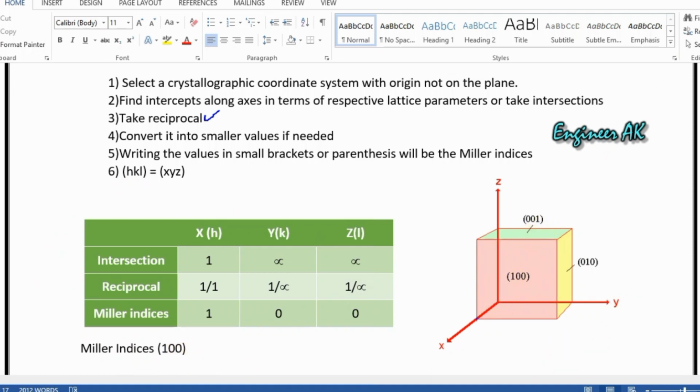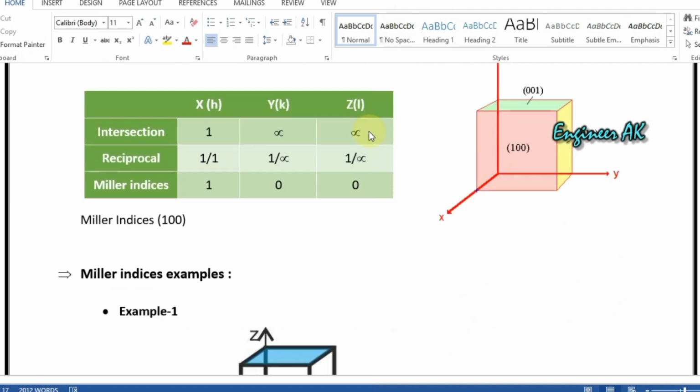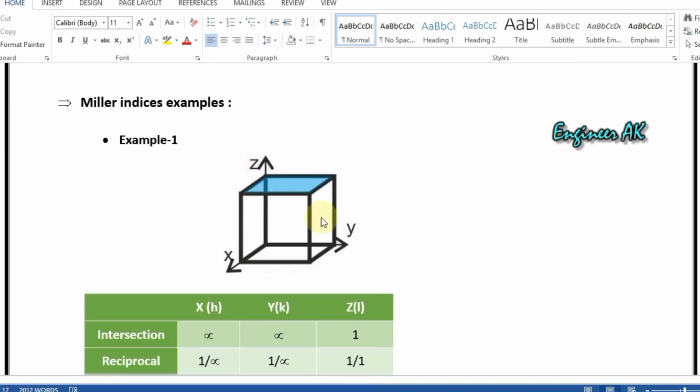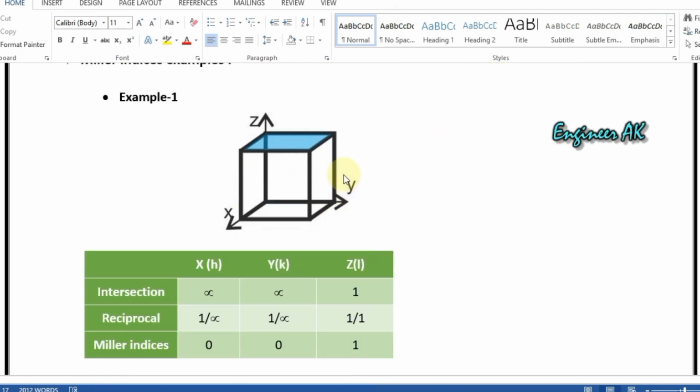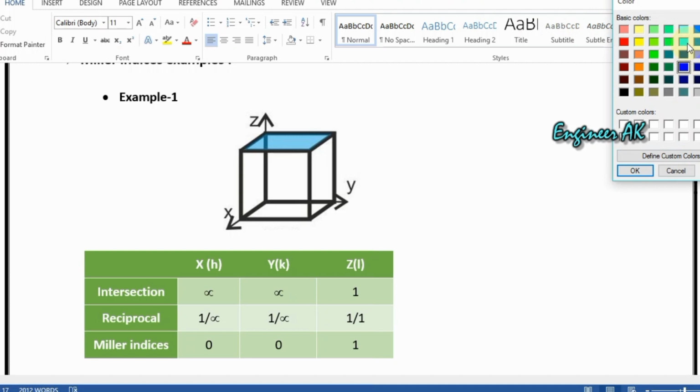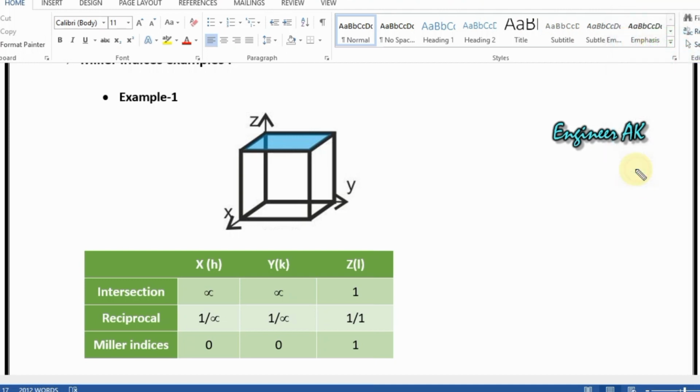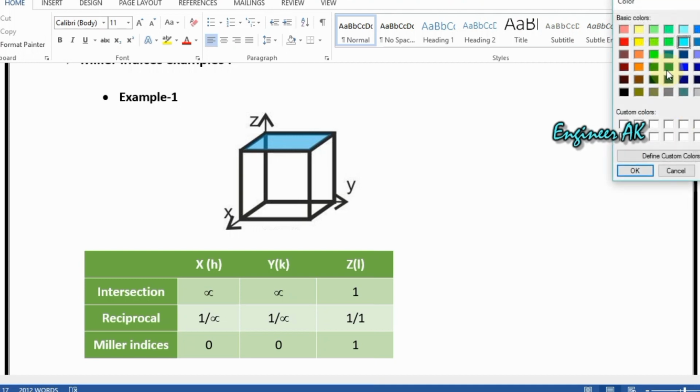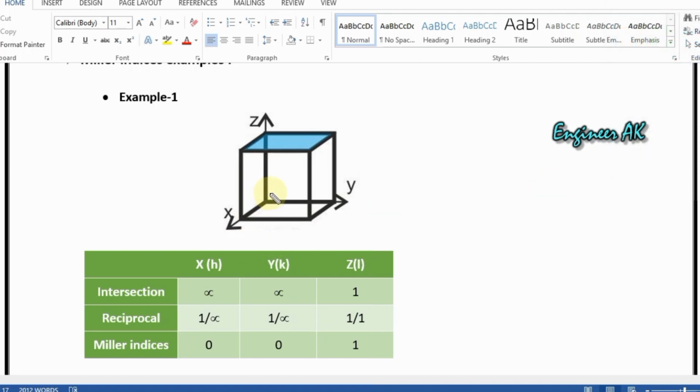Now let's see some other examples so you will better understand how it works. Okay, let's take this example. So let me change the marker. Now this one. Let's suppose I am taking this as origin.